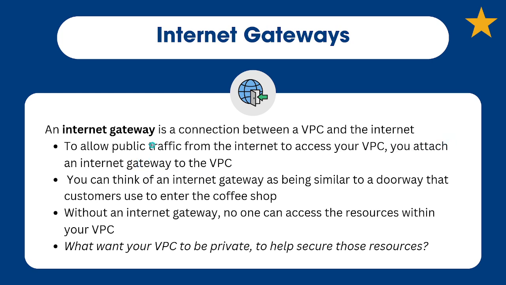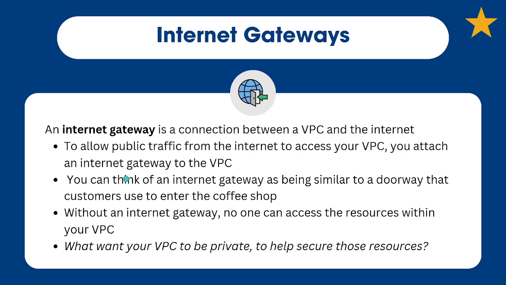So what is a gateway? An internet gateway is a connection between a virtual private cloud and the internet. So it's a bridge, right, between your own secured virtual network, your little piece of the cloud, and the public internet. It allows public traffic from the internet to access your VPC. So you actually have to create an opening for that public traffic to enter your private cloud.